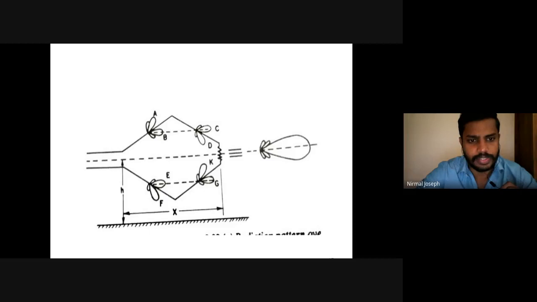Okay, if you are taking this image, this A, you can see that one major lobe is there, and a considerable side lobe is also there. Okay, here also you can see one major lobe is there, and a very big considerable size side lobe is also there. Likewise here also.